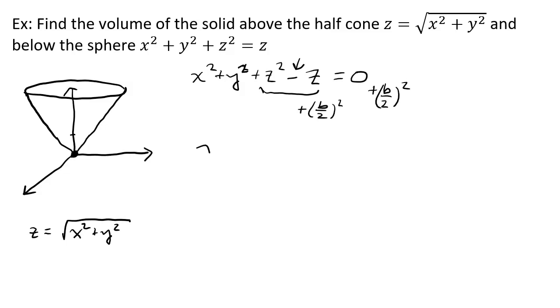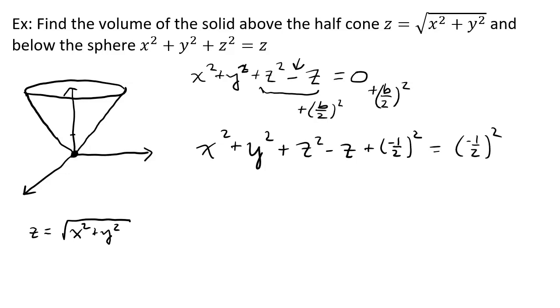So we're adding 1/2 squared to both sides. We've got z squared minus z plus -1/2 squared equals -1/2 squared. So then we have x squared plus y squared plus z squared minus z plus 1/4 equals 1/4.